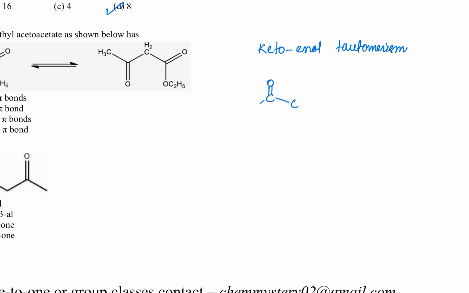we have an alpha carbon which has hydrogen, that is alpha hydrogen is present. So here alpha hydrogen is present. Now this alpha hydrogen can undergo tautomerism. How? This bond, oxygen will take this electron density towards itself. So the carbon will get an electron deficiency here.